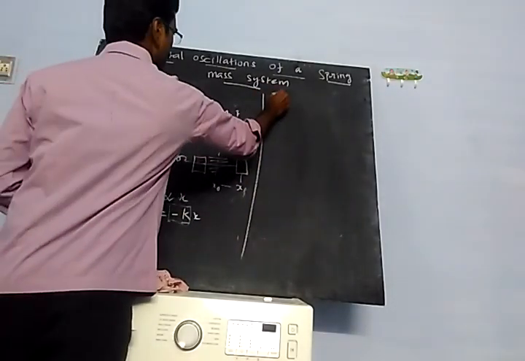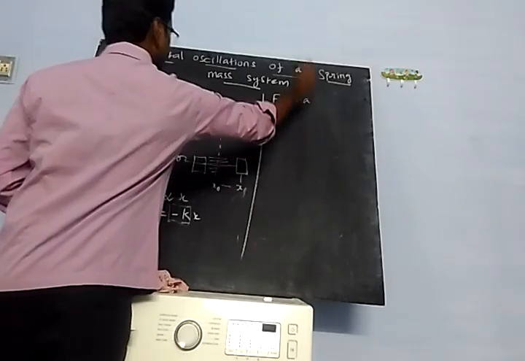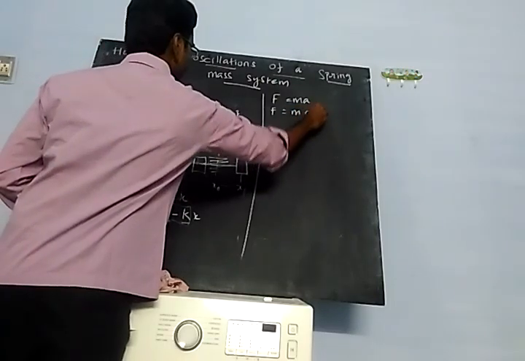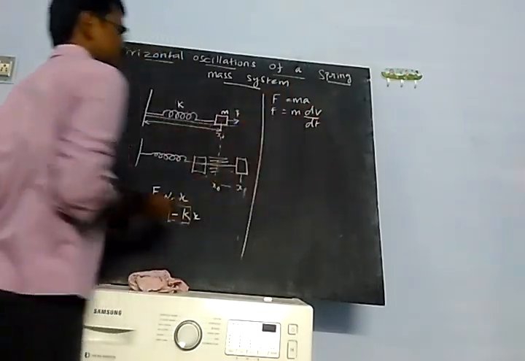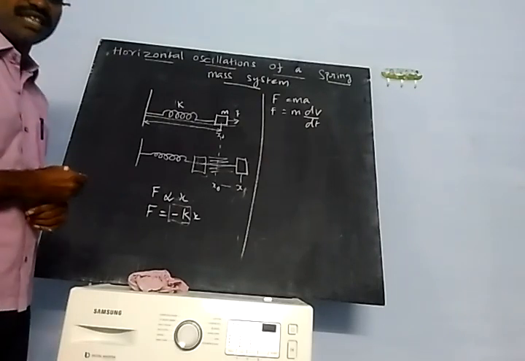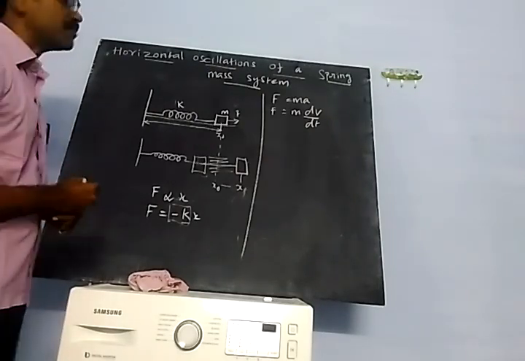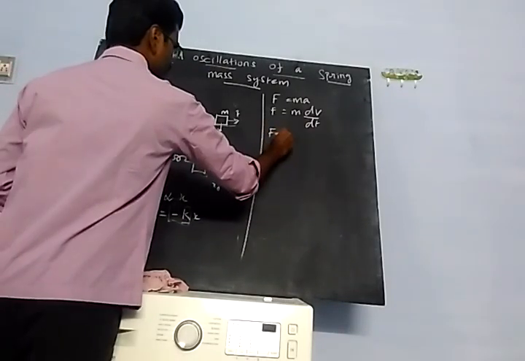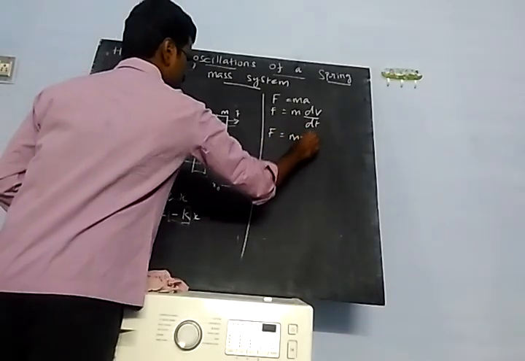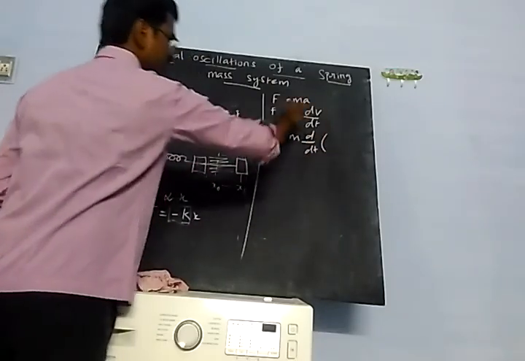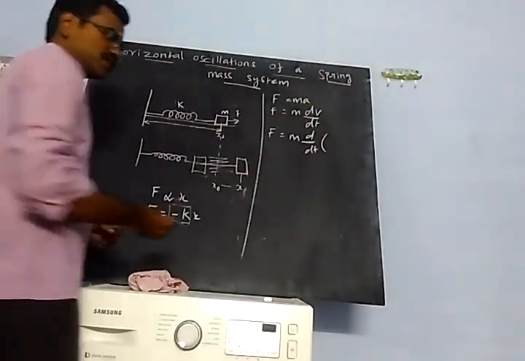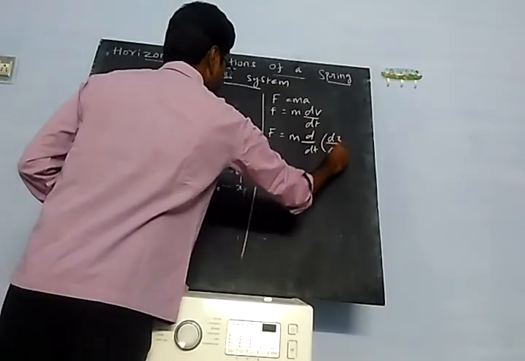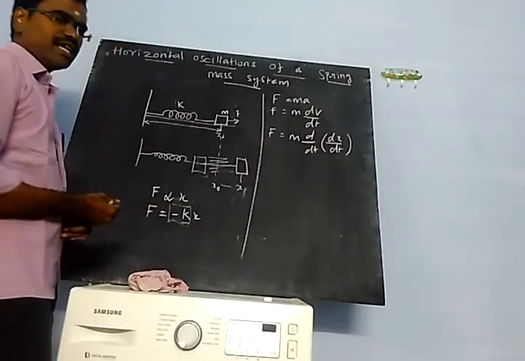What is Newton's second law? F is equal to ma, or F is equal to m into dv by dt. Acceleration is defined as the rate of change of velocity. Velocity is the rate of change of displacement, that is dx by dt.